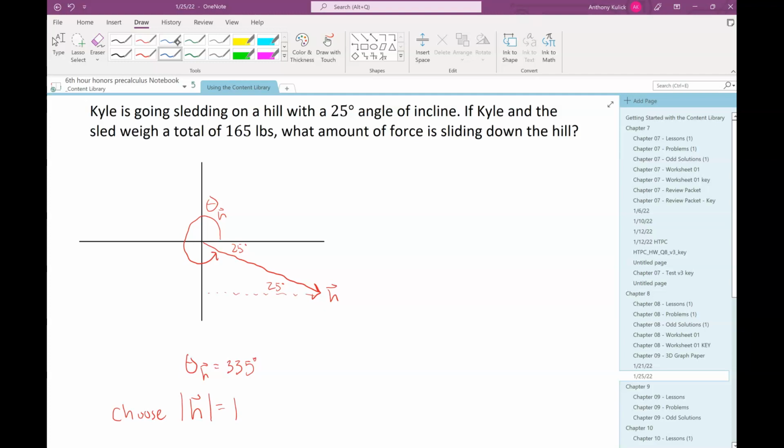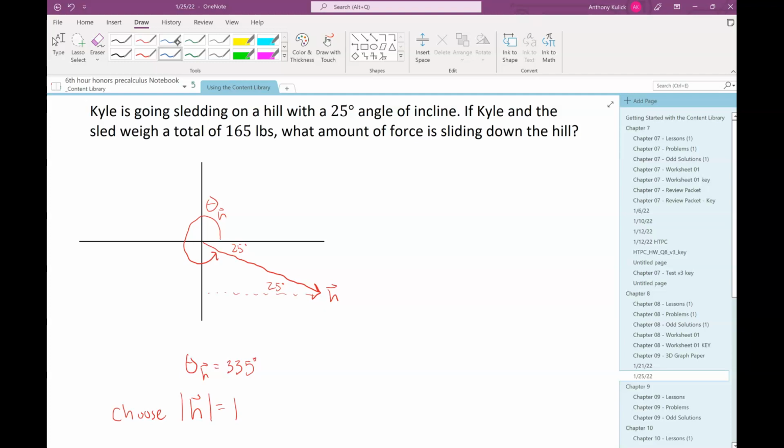Our second vector, where in the world does it say a second vector? Well, the only other information we're given is that Kyle and the sled weigh 165 pounds, right? So somehow that must be representing our second vector.